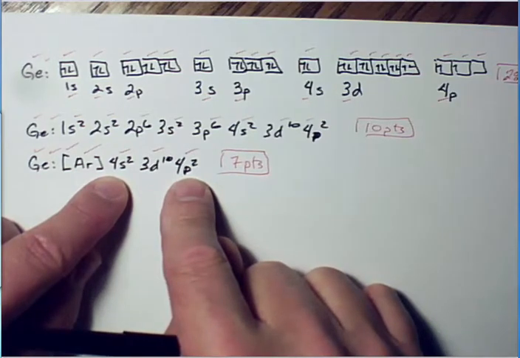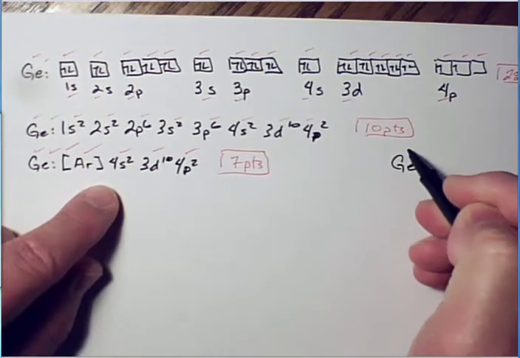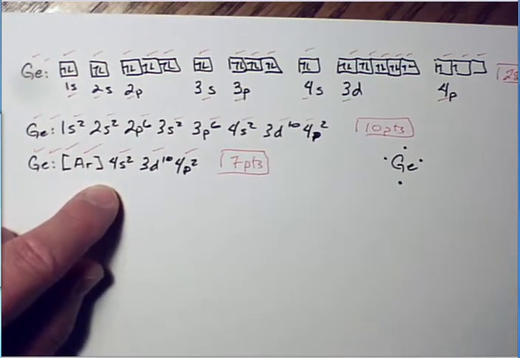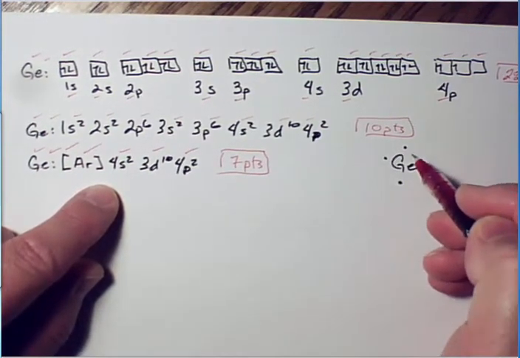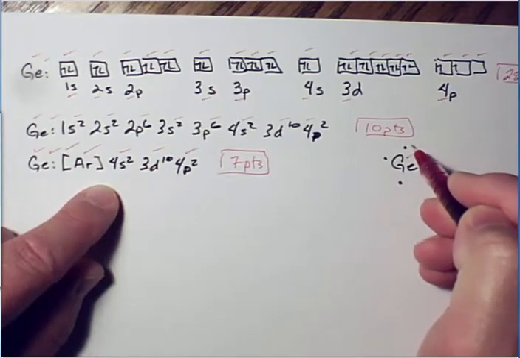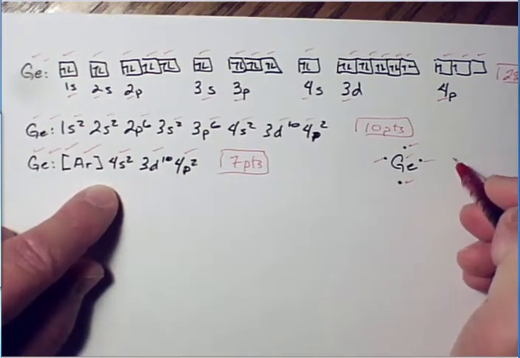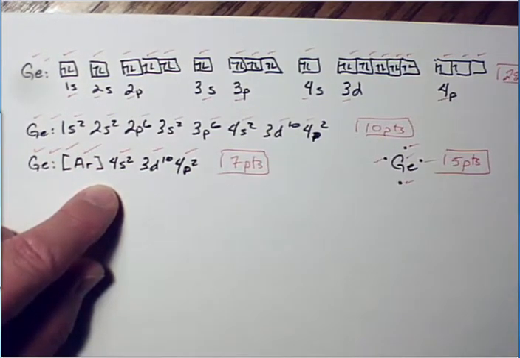So that's 4 electrons in the valence level. So we're going to write germanium, 1, 2, 3, 4 dots. Okay? So this is the electron dot formula. You can get a point for the element symbol and a point for each of these dots in the correct places. Okay, so that's 5 points for this. All right?